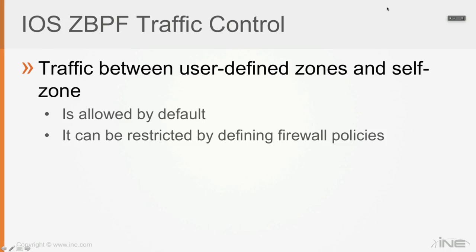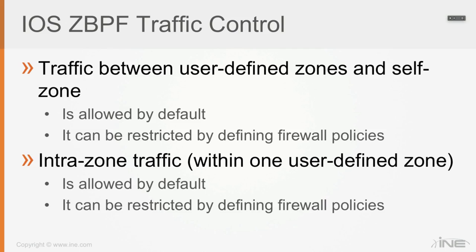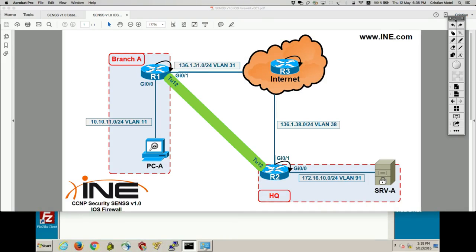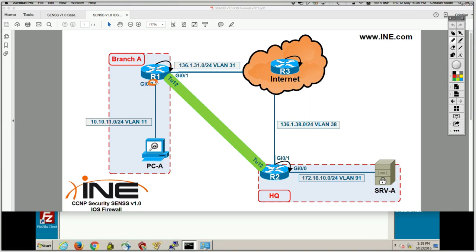And that makes sense. Now, intra-zone traffic, traffic within one user-defined zone, is likewise allowed by default, but it can be restricted by defining firewall policies. For example, if I consider this interface and this interface both belonging to the inside or LAN zone, the use case where that tunnel is between a branch of the company and the headquarters, then both interfaces are in the same zone, the same trust level.